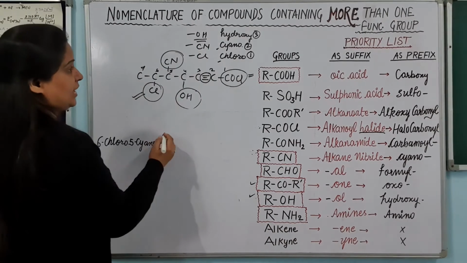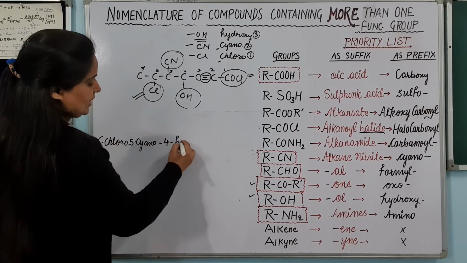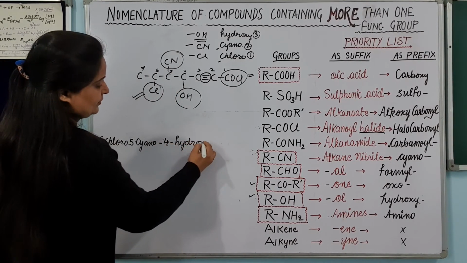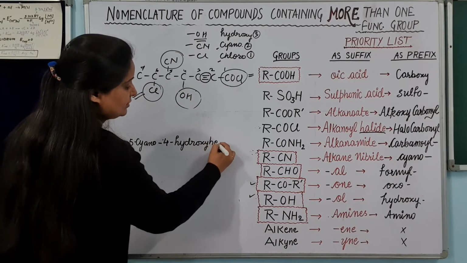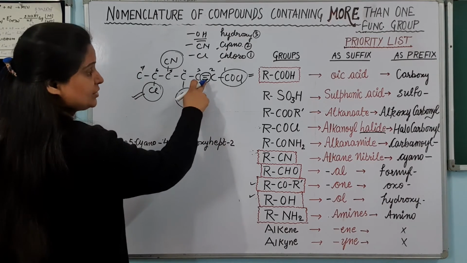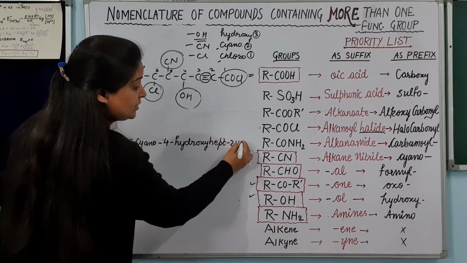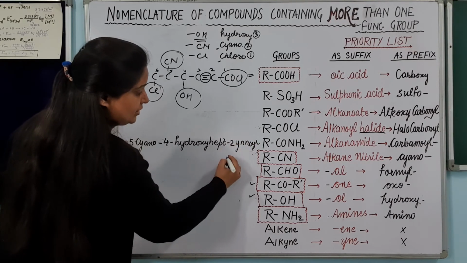Where is OH? Hydroxy. 4-hydroxy. Then heptane, hept-2-ynoyl chloride.